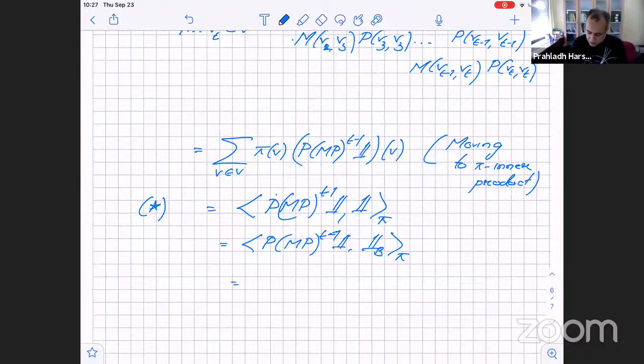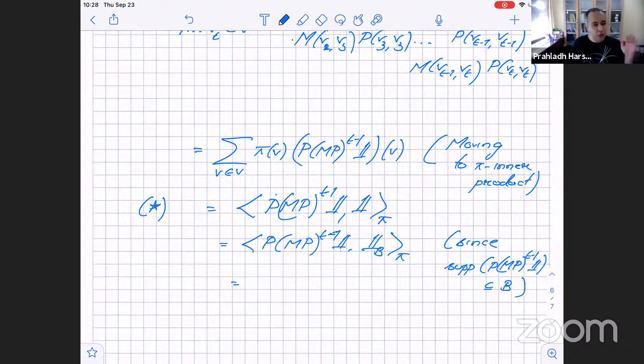Now, the support of PMP^(t-1) 1 is in B. But I want to say this one also I can change to 1B, because I'm hitting it with a P anyway.